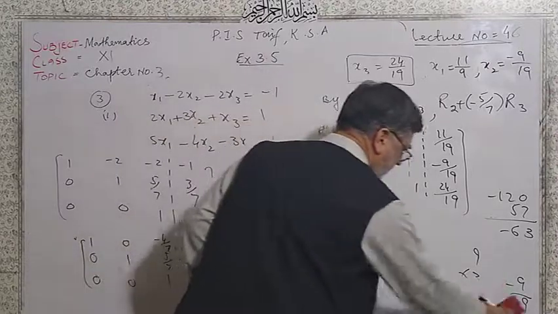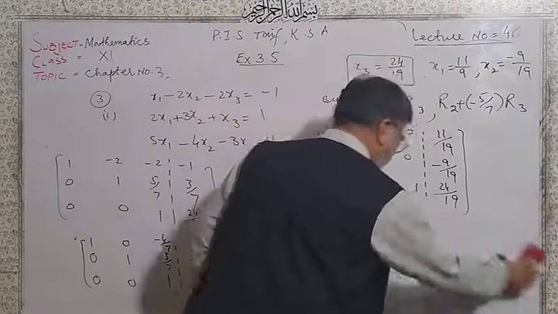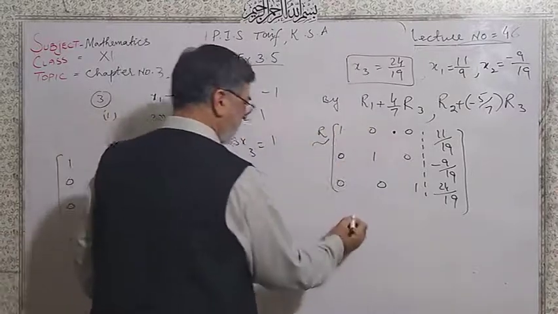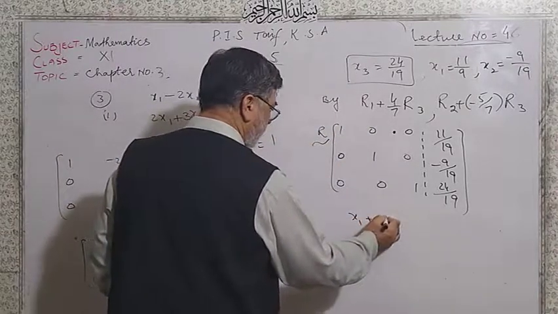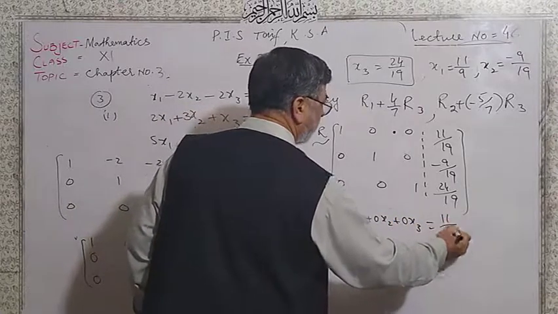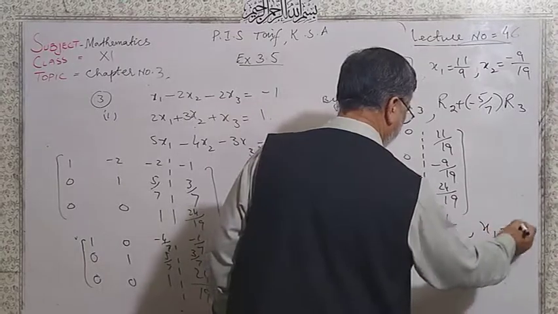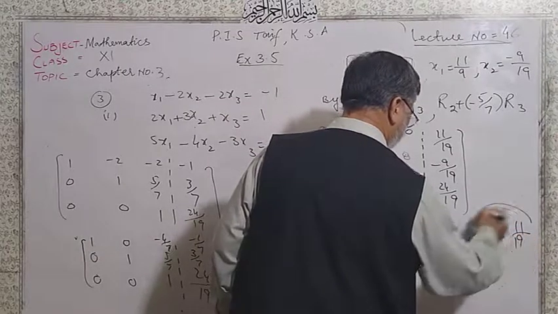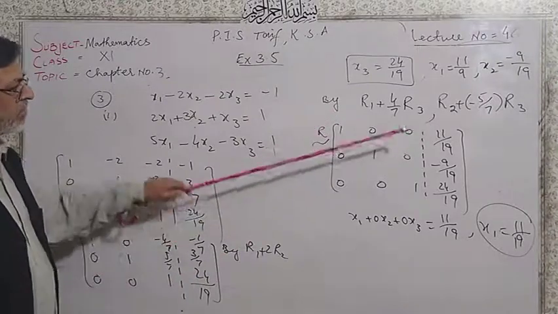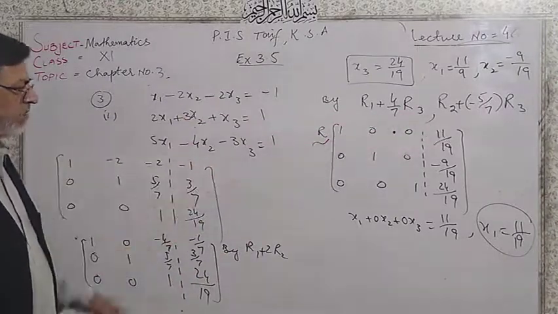Now you can check by reduced echelon form, this is x1 because next is 0x2 plus 0x3 that is equal to 11 over 19, means x1 is equal to 11 over 19. That is your first equation. First line will give you x1.